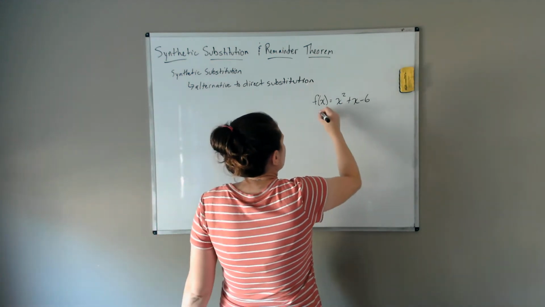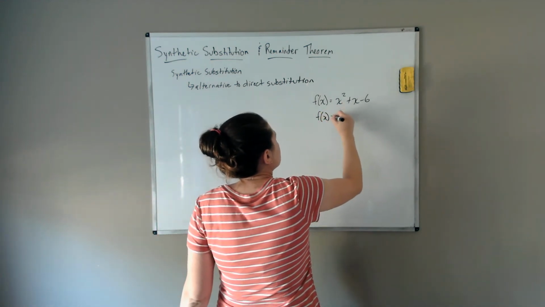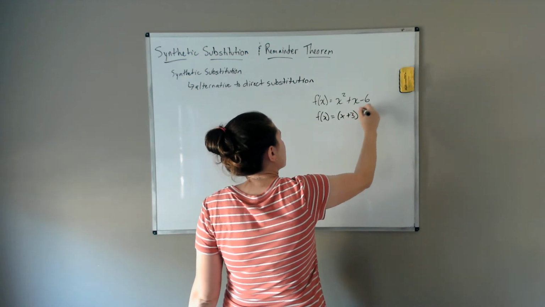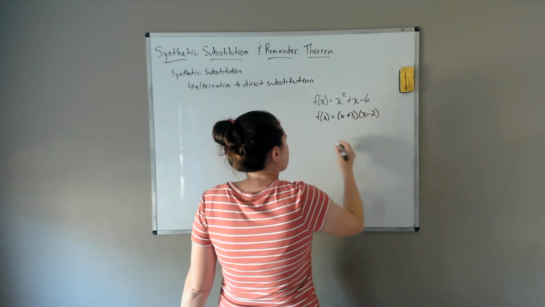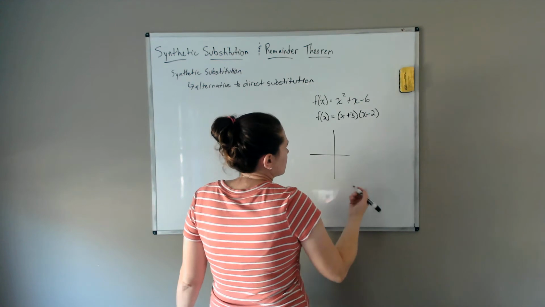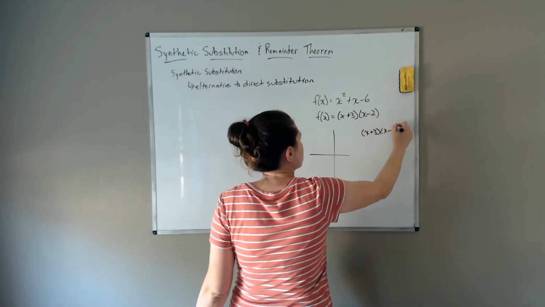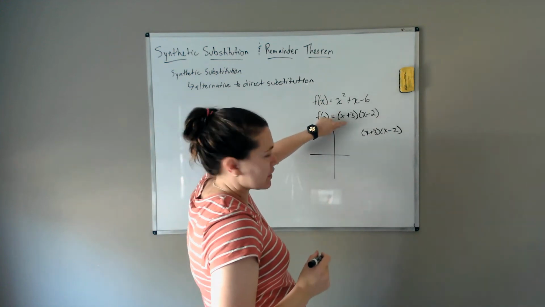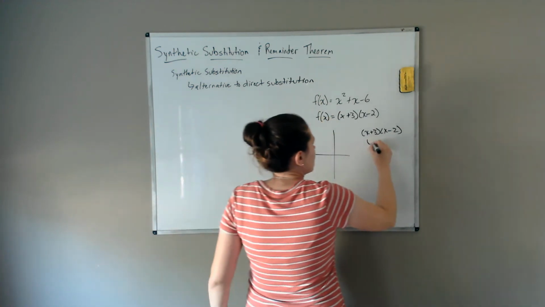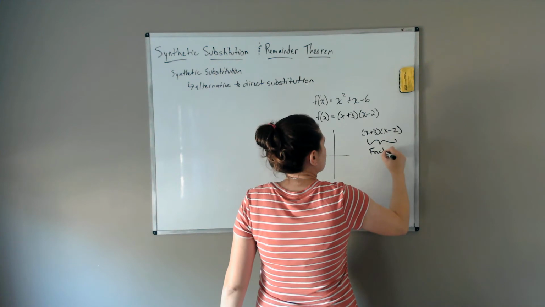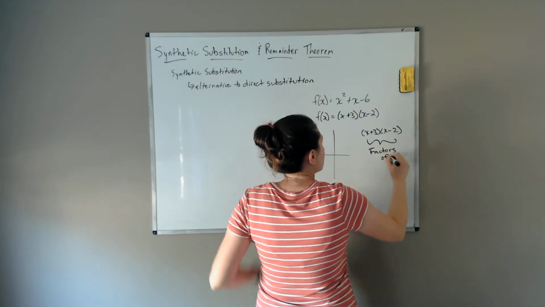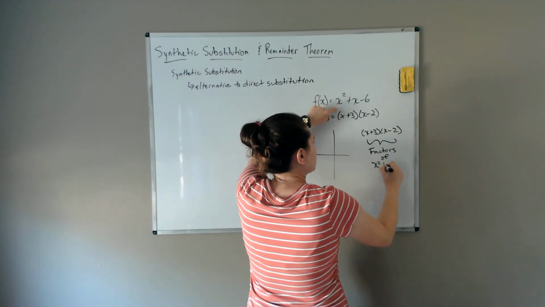If I was to factor this, this would become x plus 3 times x minus 2. I'm going to graph it, but some things I want to get at are x plus 3 and x minus 2. If you were able to factor this to be x plus 3 times x minus 2, that means that these are the factors of this expression.